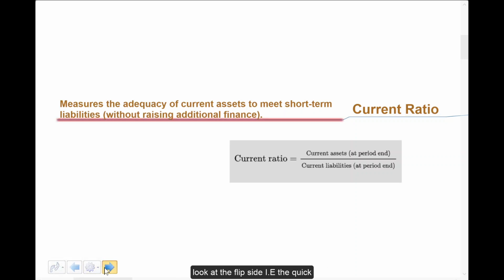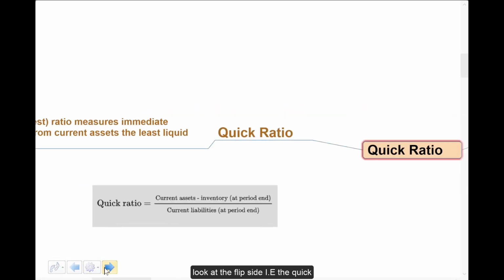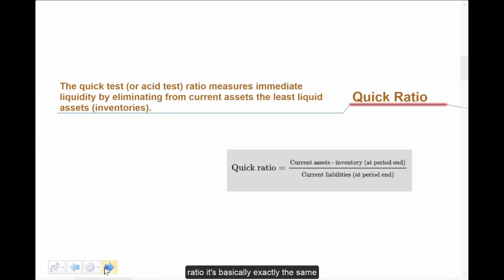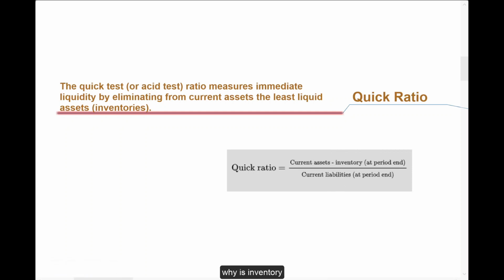Now note that when we look at the flip side, i.e. the quick ratio, it's basically exactly the same. The only difference between the two is inventory. Now you'll ask yourself, why is inventory excluded in this quick ratio? Well, let's think about it. It's the least liquid.